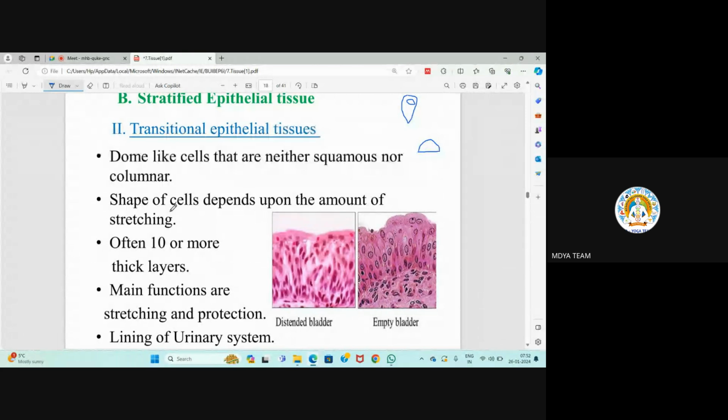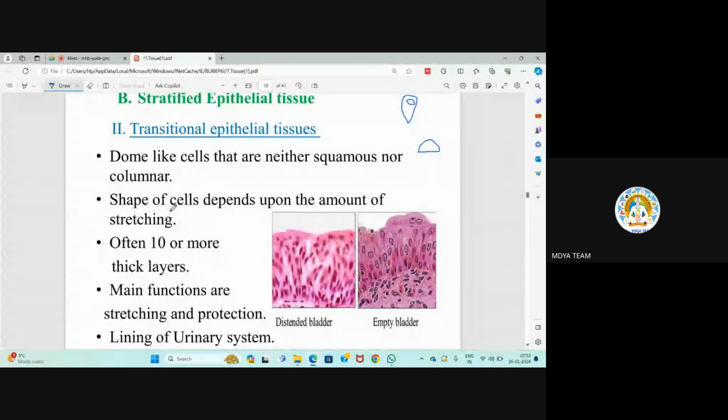If they are getting stretched, the shape will be longer. If the dome shape is stretched, then the shape will change, right? It will become longer when it is stretched. So 10 or more thick layers are present in transitional epithelium tissue, and main functions are stretching and protection.